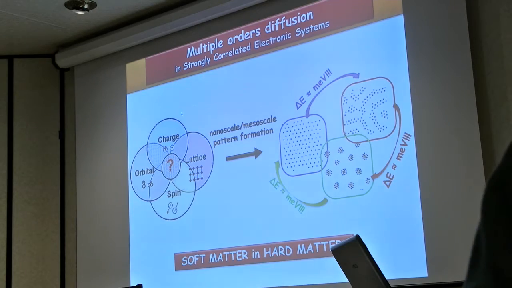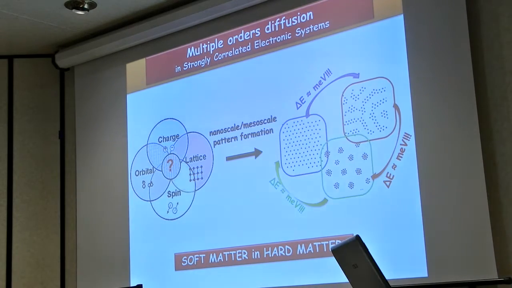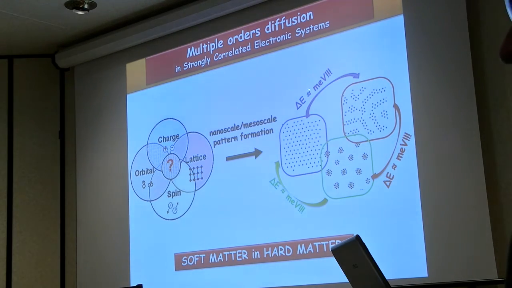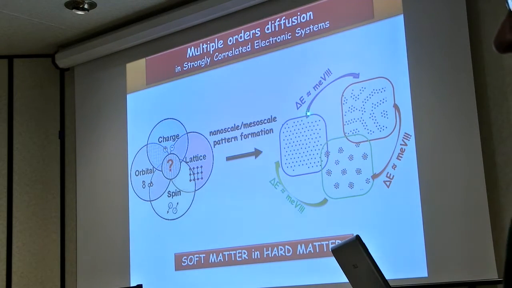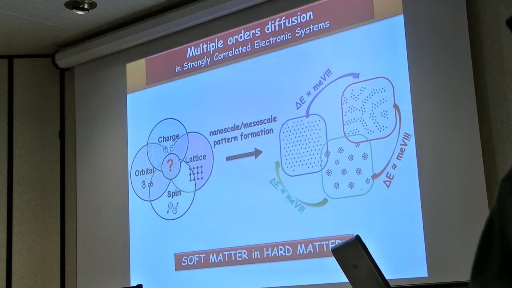The energy of these different spatial organizations is of the order of millielectron volts, two or three orders of magnitude less than the covalent bond in a crystal. So you get some kind of soft matter in your hard matter, and this makes a strange mixing, needing particular tools to be investigated.